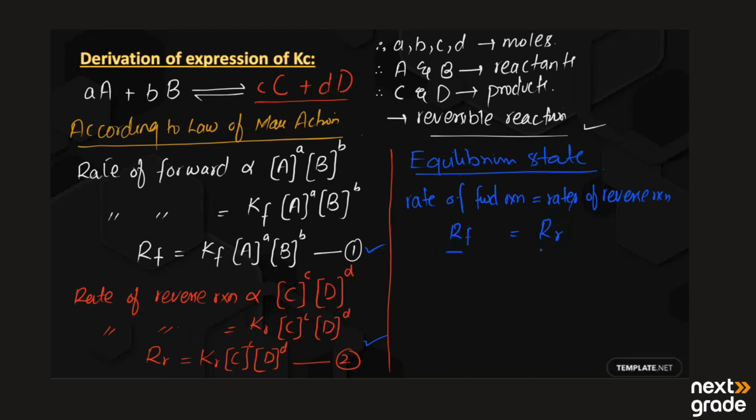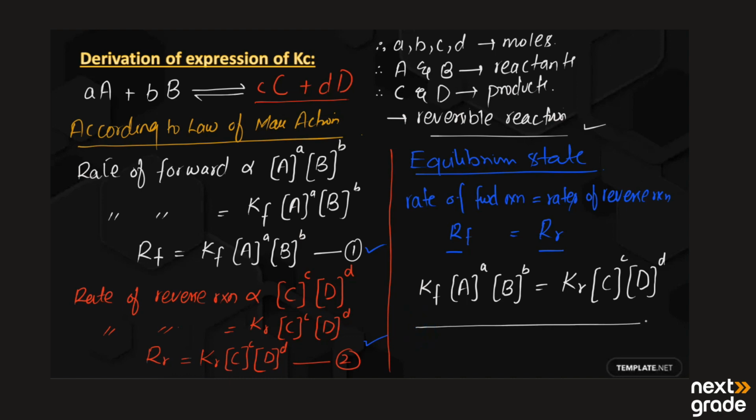Putting in the values, Kf [A]^a [B]^b is equal to Kr [C]^c [D]^d. So this is the equation.